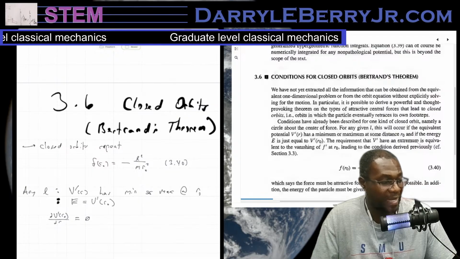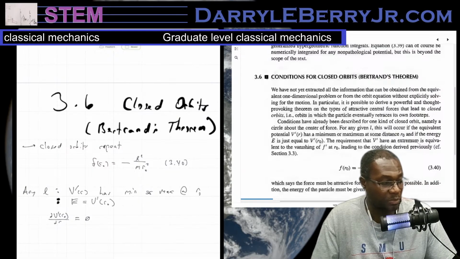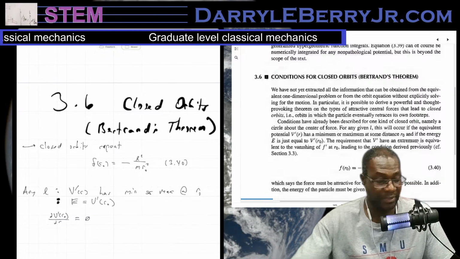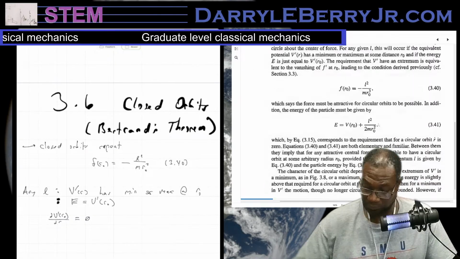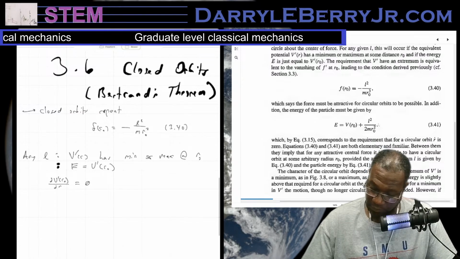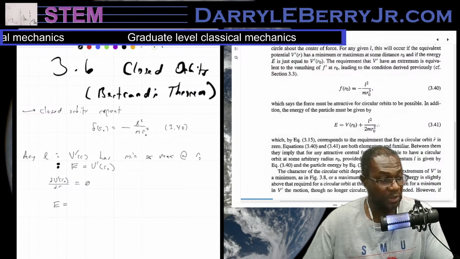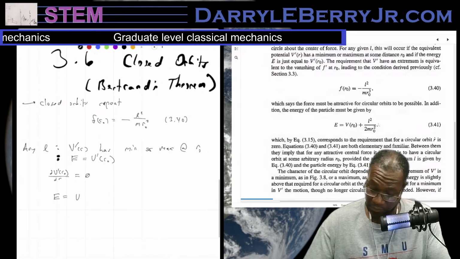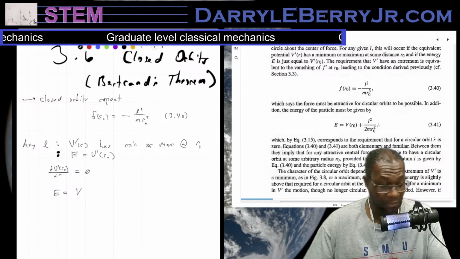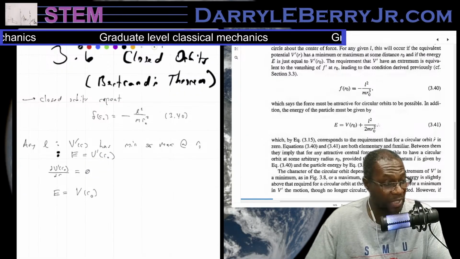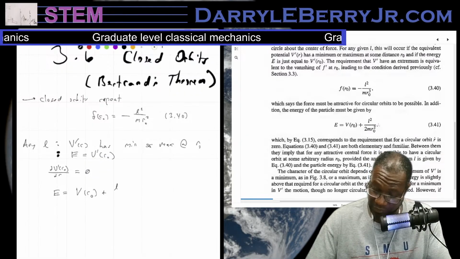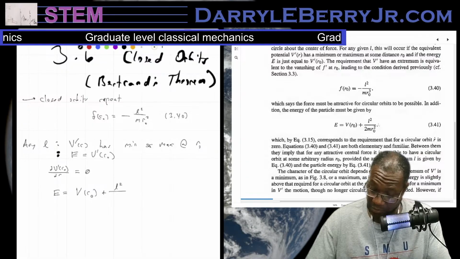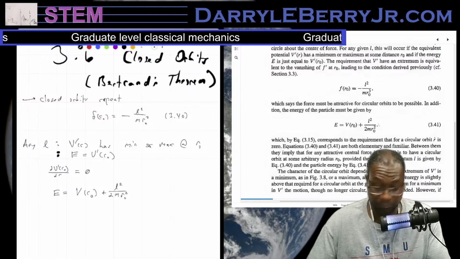Which means that a force must be attractive for circular orbits to be possible. Makes sense? In addition, the energy of the particle must be given by E equals V(R naught), and notice that's V not V prime, plus L squared over 2m R naught squared.